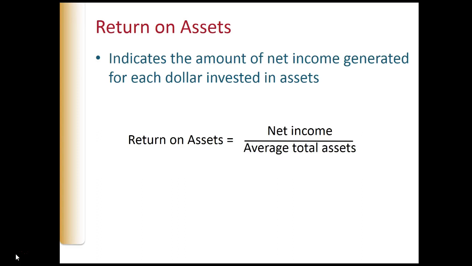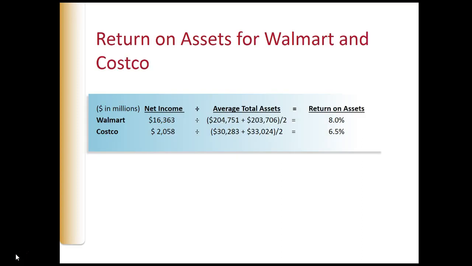Dividing net income by average total assets adjusts net income for differences in company size. So the return on assets ratio is calculated for Walmart and Costco in this illustration. Return on assets indicates the amount of net income generated for each dollar invested in assets.